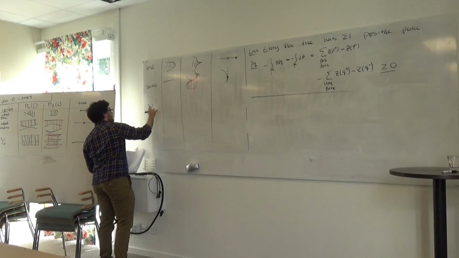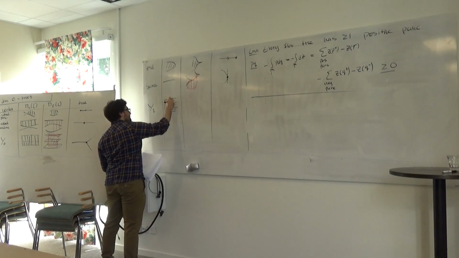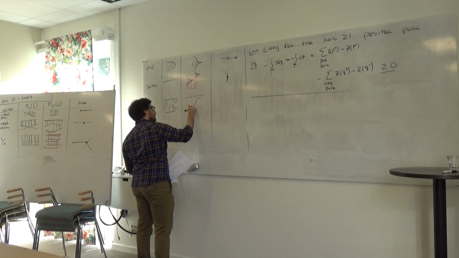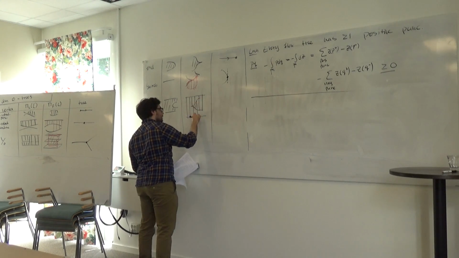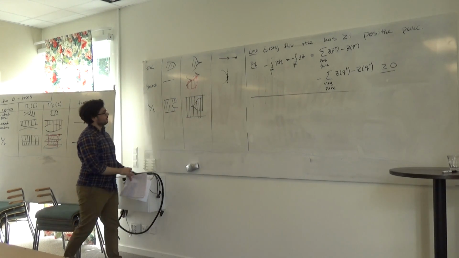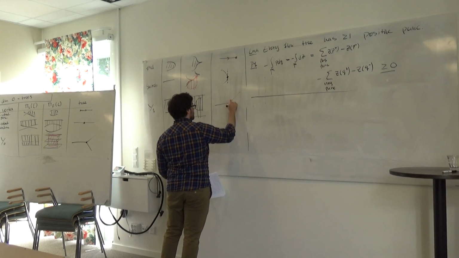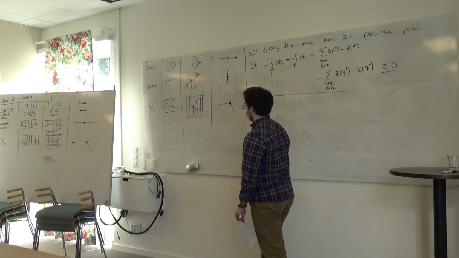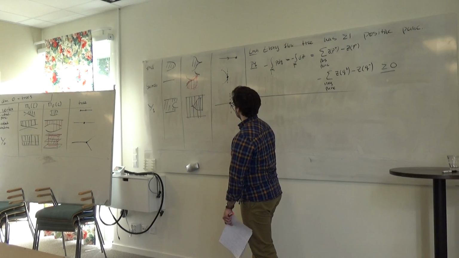And then we have the last one. There's a three-valent vertex with the cusp. So these are all the vertices that exist.